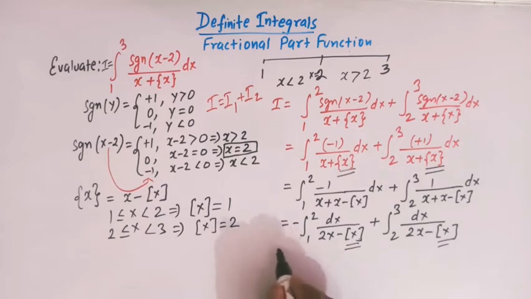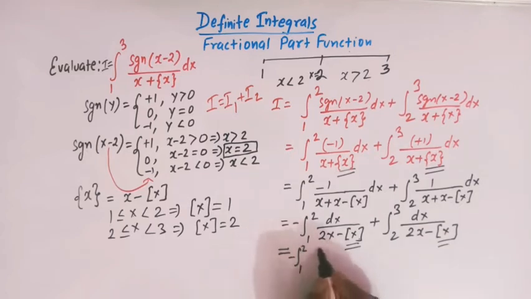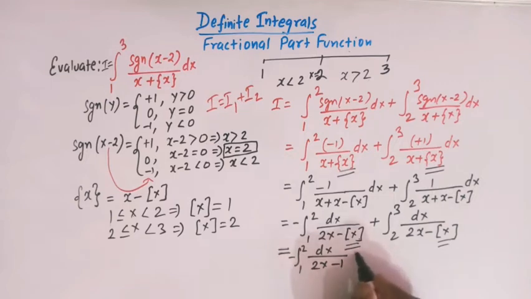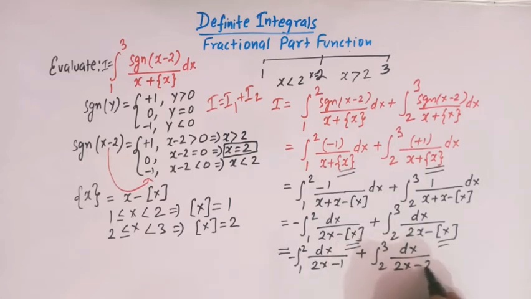So we have now minus the integral from 1 to 2 of dx over 2x minus 1, and the integral from 2 to 3 of dx over 2x minus 2, right?